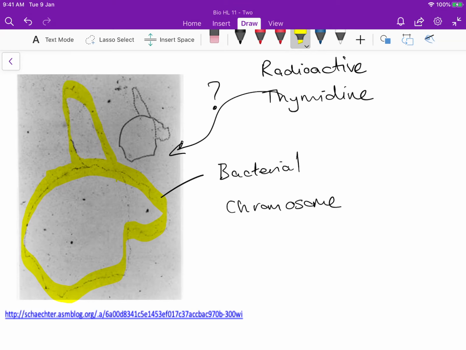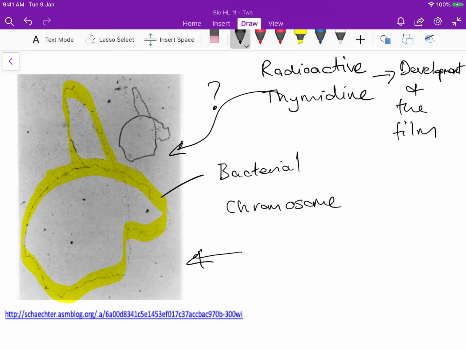So what they did was they left the bacteria next to a film which would develop. So the radioactivity would cause the development of the film.